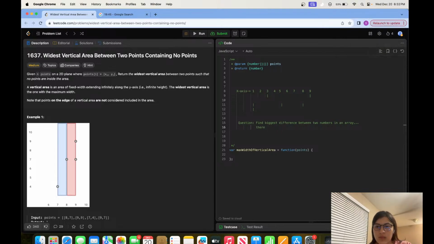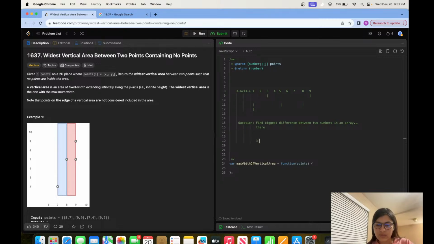Okay. Find the biggest difference between two numbers in an array, and it cannot be 3 and 8, you know. So this is also a difference, right? But there should not be any number between that.